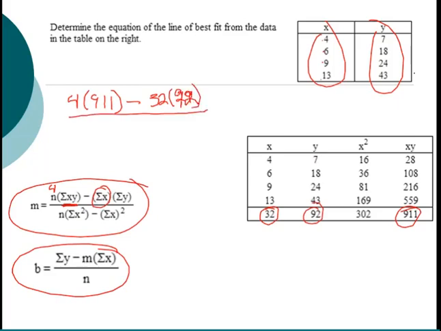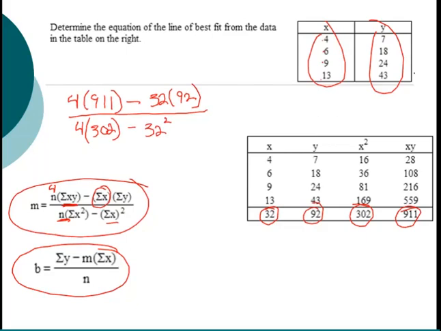Writing it backwards, let's write it better. So 92 here, and then over the amount of numbers I have, which is 4, times my x squareds, which is 302, and then minus my sum of the x's, which is 32, squared.